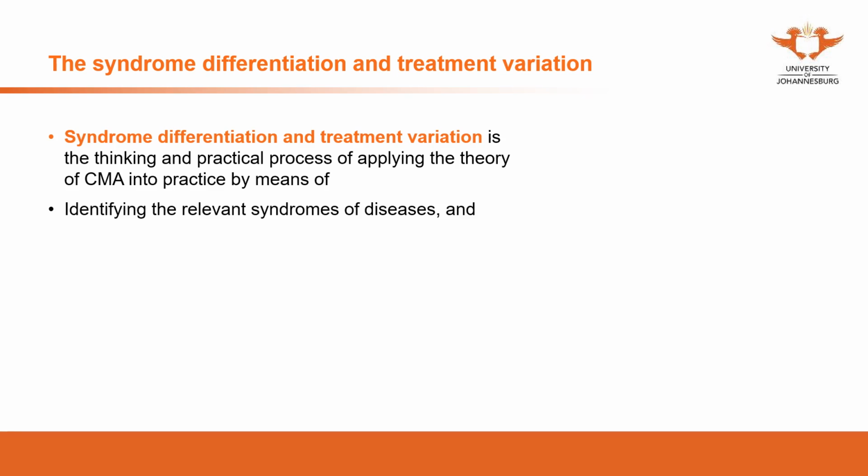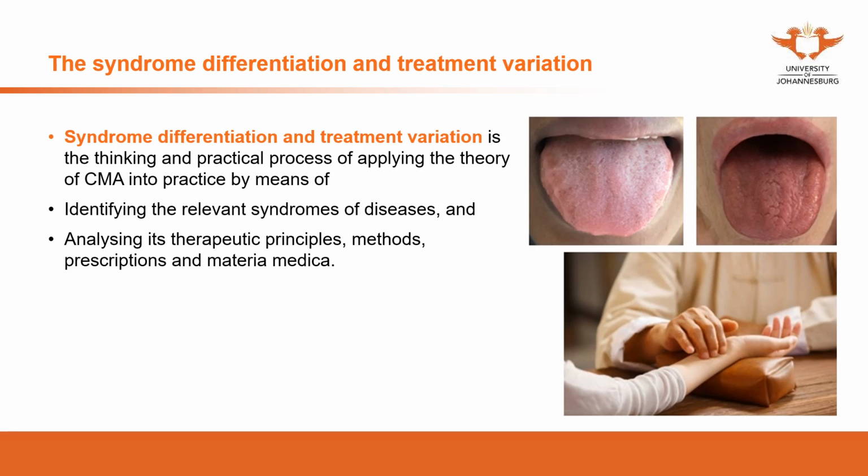So let's see what the definition of syndrome differentiation is. Syndrome differentiation and treatment variation is a way of thinking, how you identify and understand the disease, and the practical process. You are going to think in this way, and you are going to implement your practice in this way.